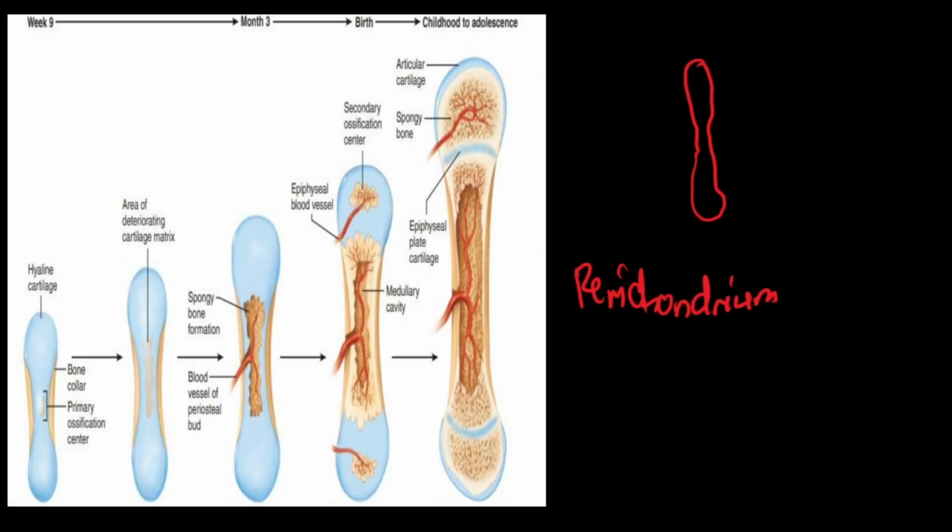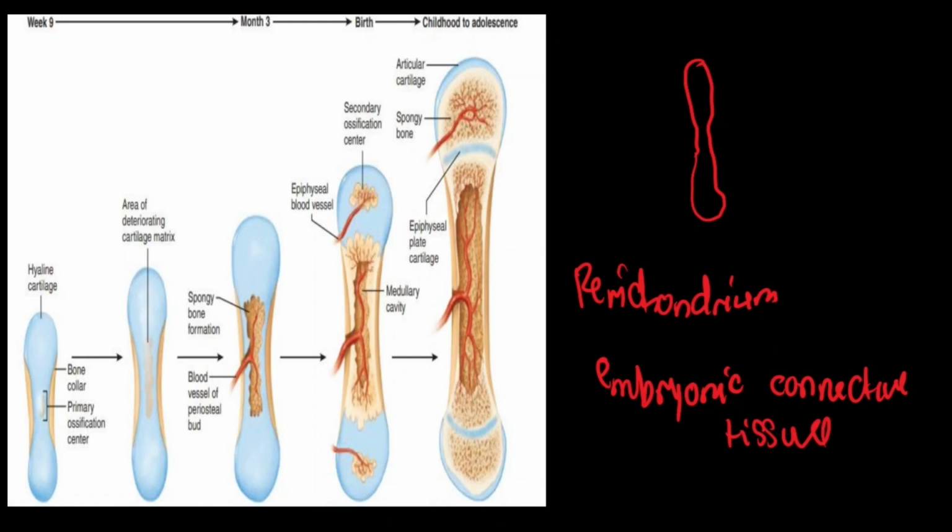All of this is taking place in embryonic life. So basically we have embryonic connective tissue, formed by embryonic connective tissue cells, aka mesenchymal cells. Now these mesenchymal cells are stem cells, and they are undifferentiated. The process of ossification begins when these mesenchymal cells become differentiated into osteoblasts.